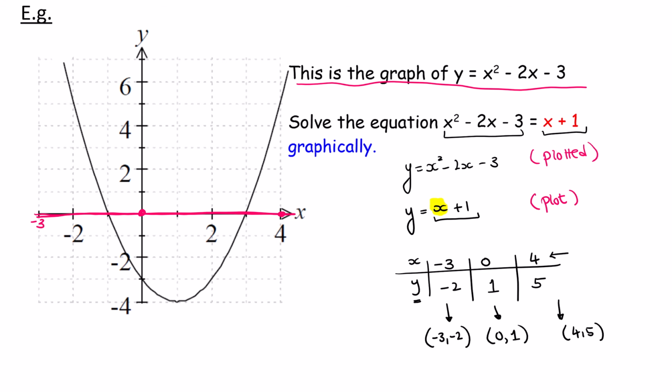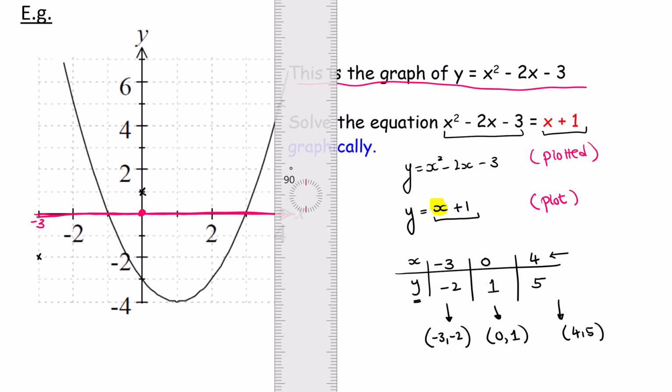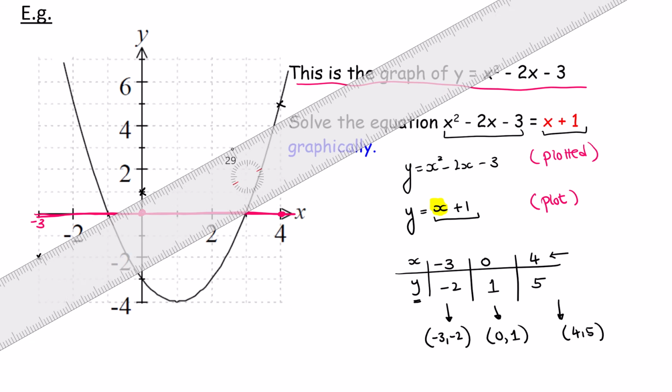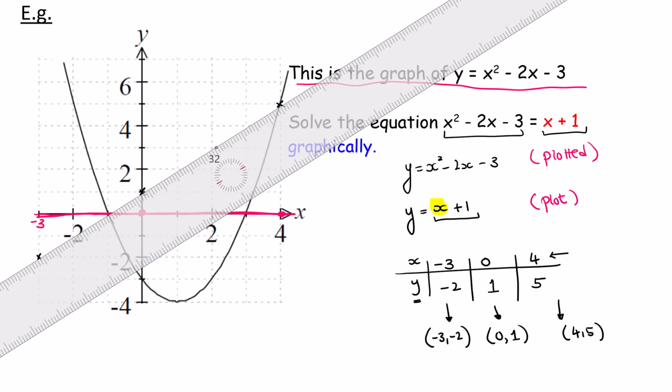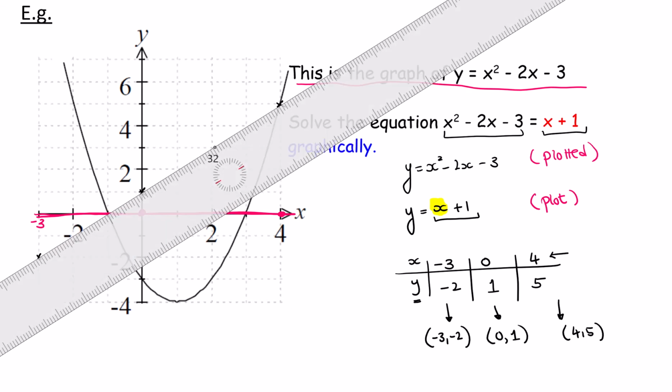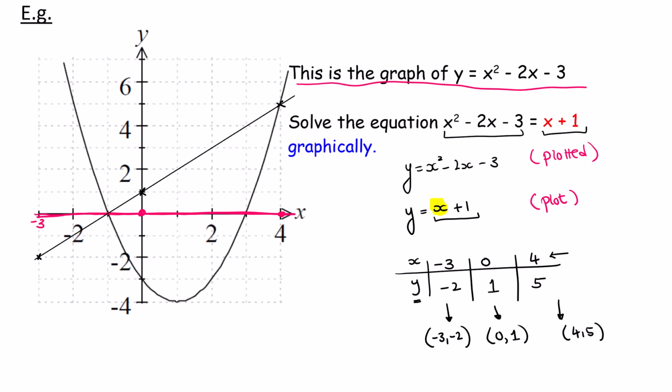So I'm going to start plotting. -3, -2 is there, 0, 1 is here, and 4, 5 is there. And you get your ruler, and it's a straight line graph, so you have to join it with a ruler. And you can see that the line cuts the quadratic graph in 2 places.